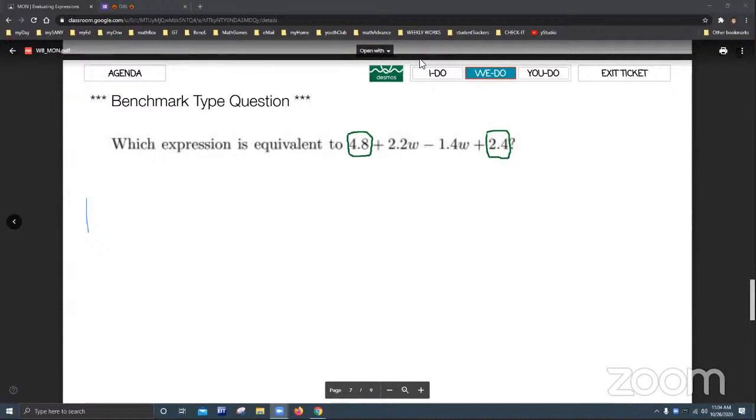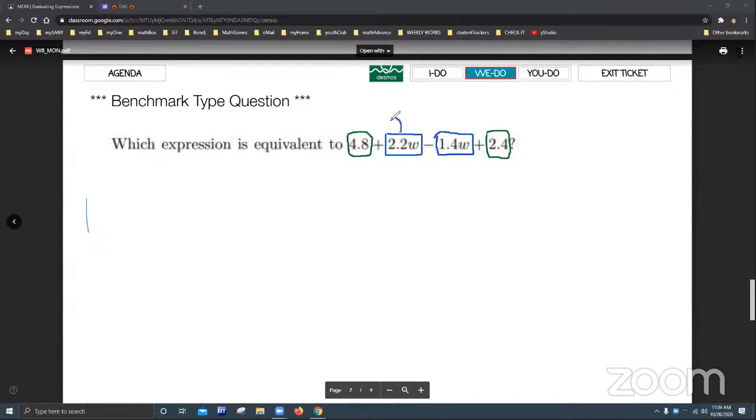The second thing, you need to remember the other like terms. There's a 2.2W. This is a W term. And is there any other one? Yes, there's a 1.4W. Now we have 2 different kinds of like terms. Let's start with the variable one.